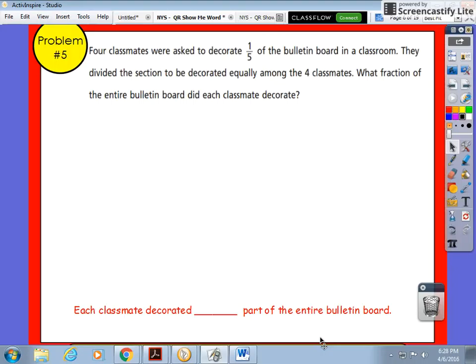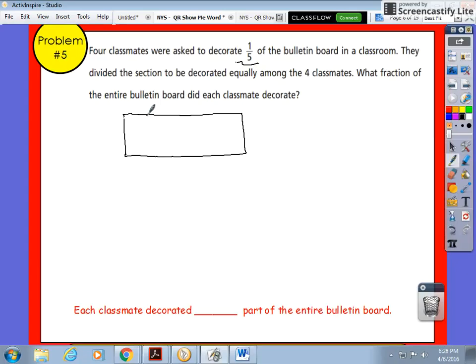So I'm going to start off and I'm going to draw a picture, a diagram, of this bulletin board. So here's my bulletin board, and I know, according to the problem, that they are going to decorate 1/5 of the bulletin board.